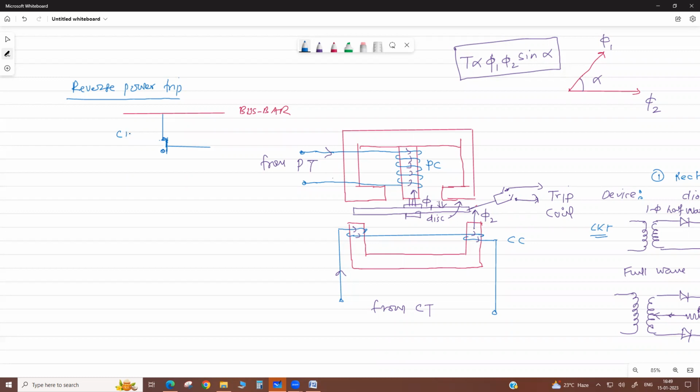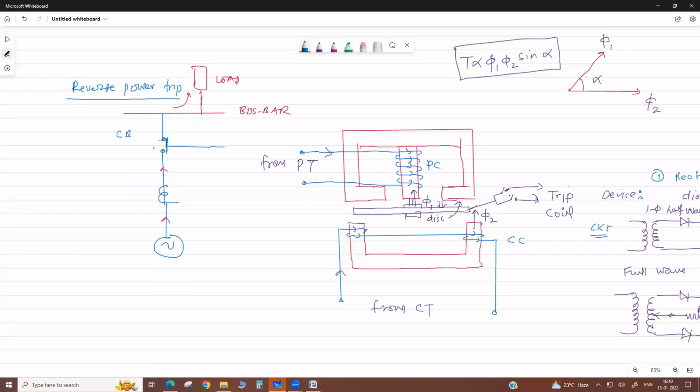This is the feeder, and the CT is also put here. Suppose it is an alternator connected with this bus bar. In the general case, current flows in this direction from the alternator to the bus bar, because some load is connected to this bus bar. So it carries the current this way.